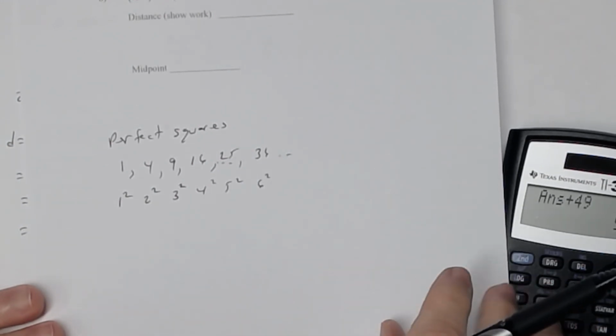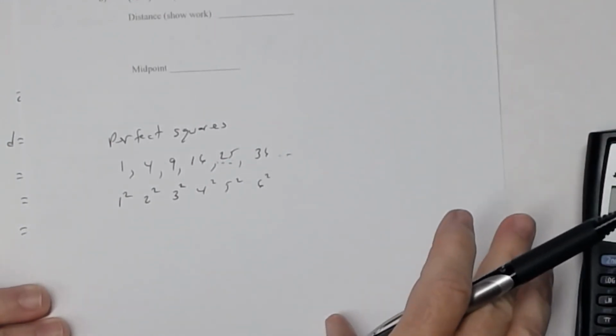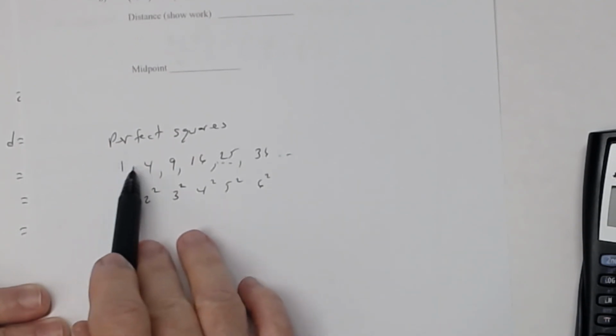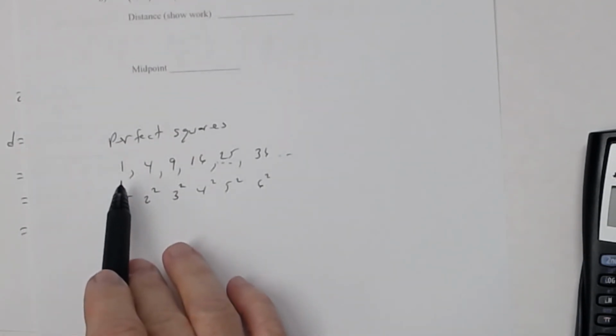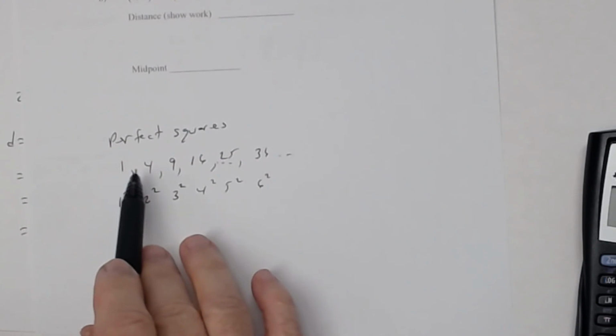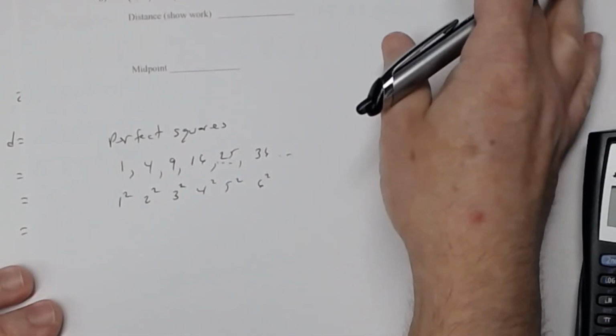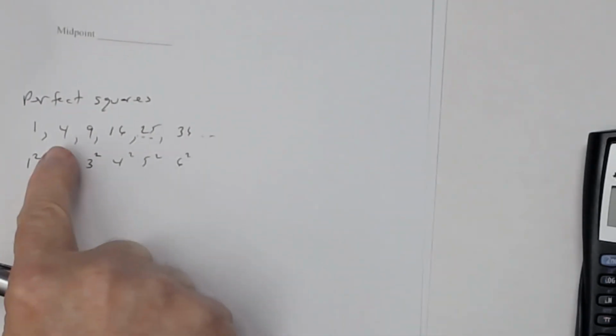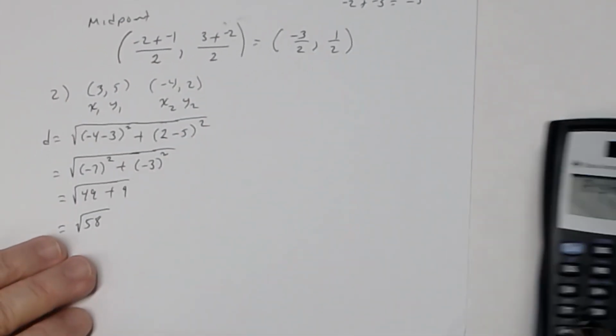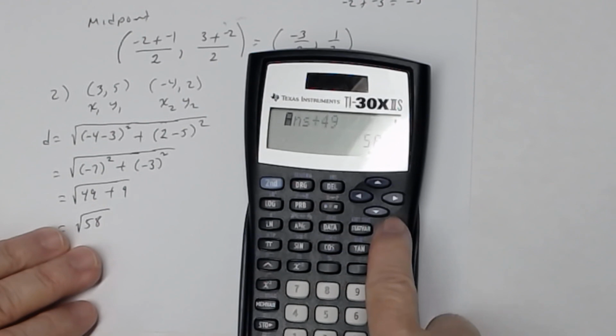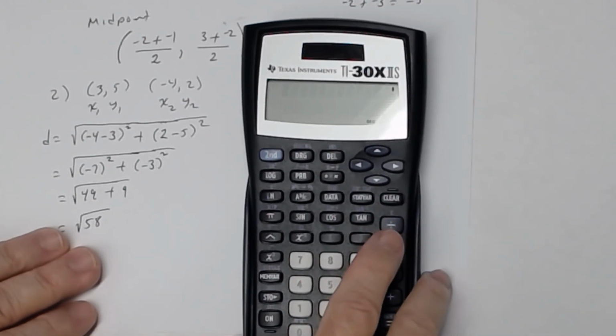It keeps on going. What we want to do, though, is determine, besides 1, because 1's a factor of every number, are there any of these other perfect squares that go into 58? If so, I can simplify this. So let's look at 4. So let's see if 58 is divisible by 4.